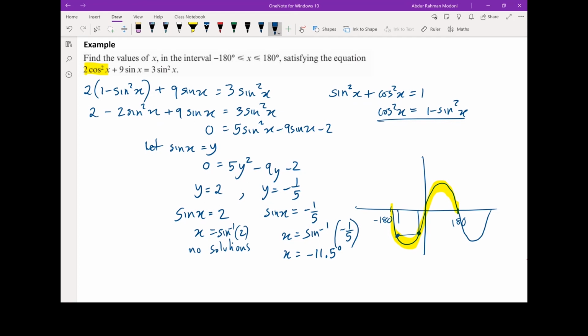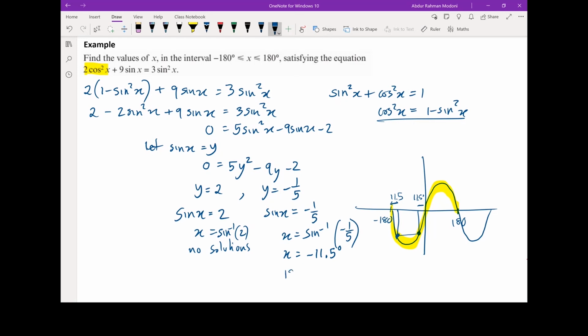So I can find the second one using my properties of symmetry. So how do I find that? Well, it's 11.5 degrees this way, so it's also 11.5 degrees there. So that's minus 180 plus 11.5 degrees will get me my other solution within that cycle from minus 180 to 180.